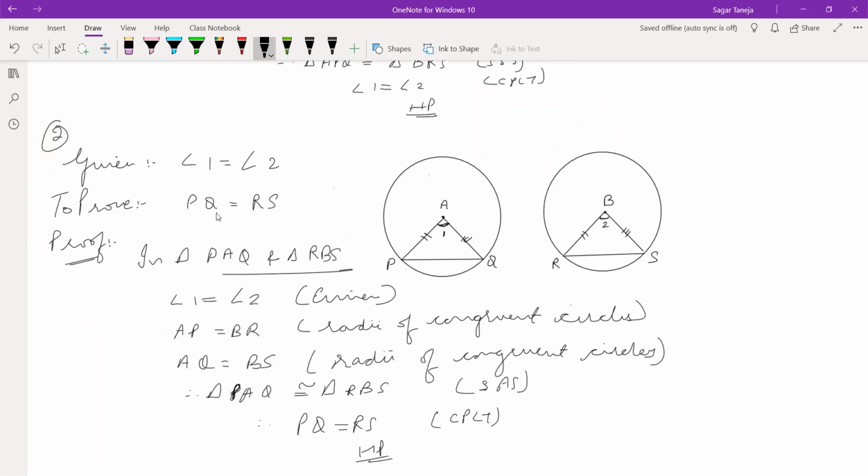Okay, in given, I have not mentioned that the circles are congruent. You can write that also in given, that two circles are congruent, because that is also given in the question.